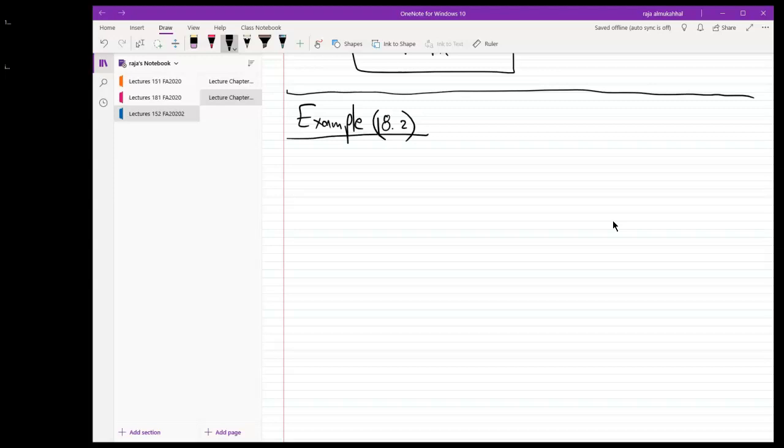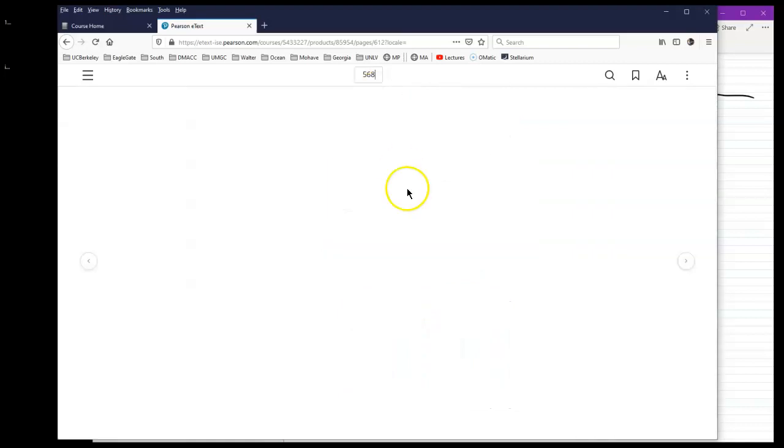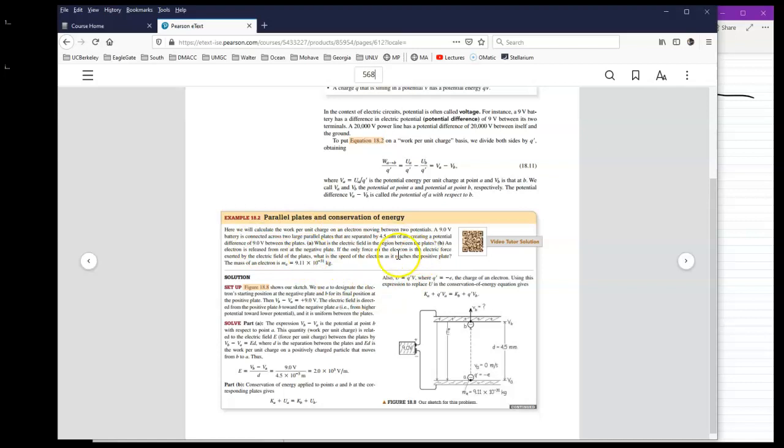I'll show you the book. It's on page 568, and it is right here.